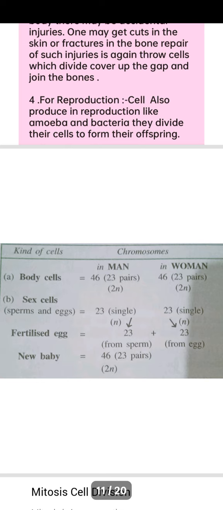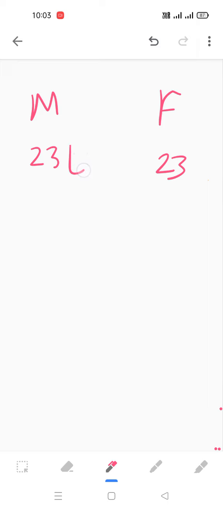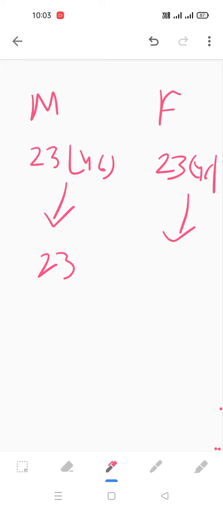Did you understand what I am saying? Let me tell you in this way. Suppose this is male and this is female. We have 23 pairs of chromosomes, total 46. Suppose we got one set from male and one set from female.